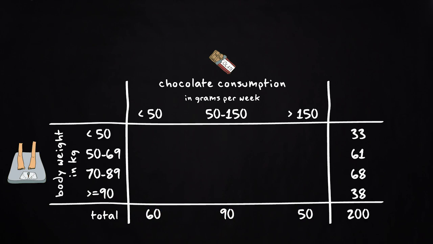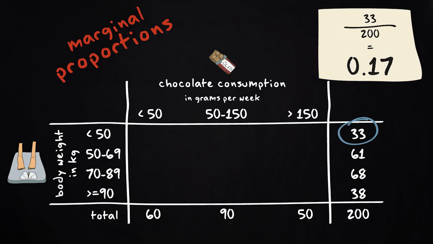We can also ignore the information we have about chocolate consumption and use the counts in the margin of the table. These are marginal proportions. For instance, 33 divided by 200. That makes 0.17. And this proportion tells you that a proportion of 0.17, that's the same as 17%, of the respondents in this study weighs less than 50 kilograms.